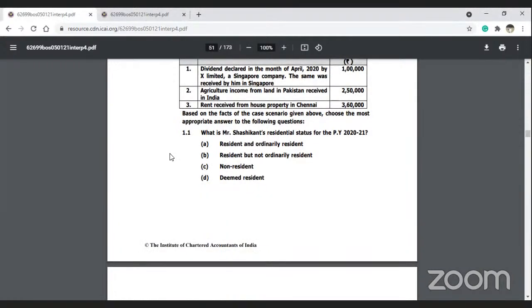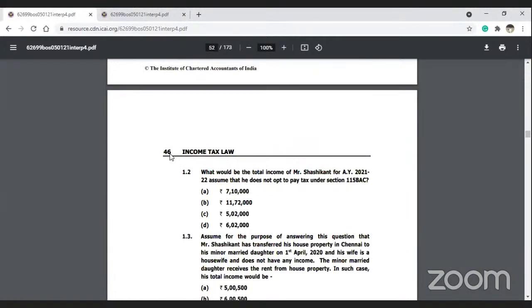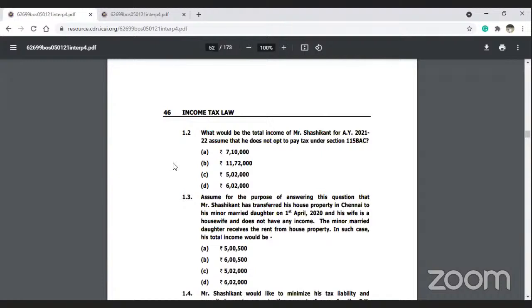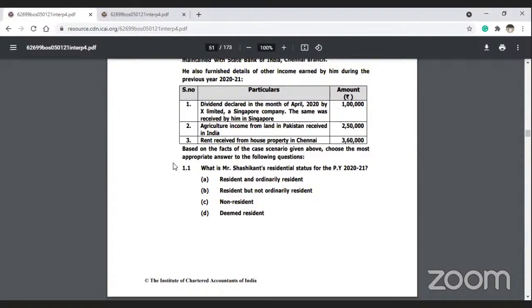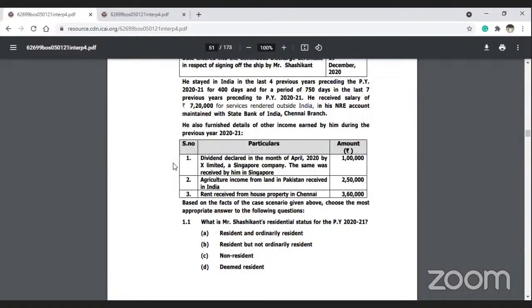They have made the changes over here. The minor married daughter receives. So I guess they have the older version. Okay, so here the dividend is 1 lakh only, as given in the corrigendum. So this dividend, I guess it won't be included.